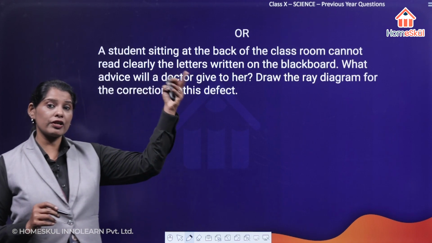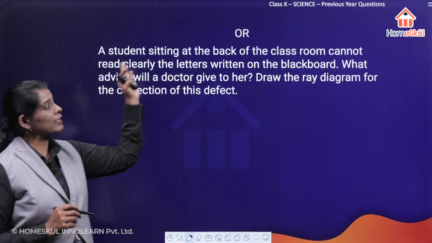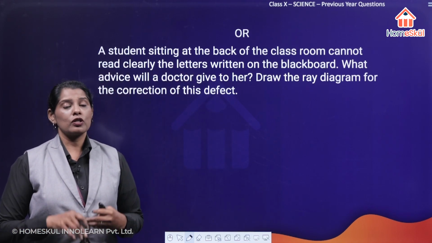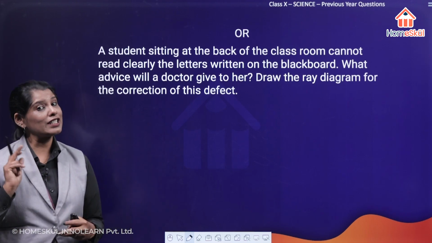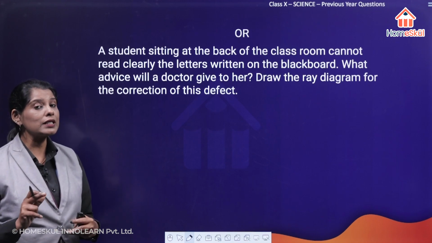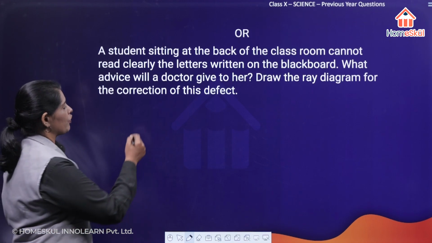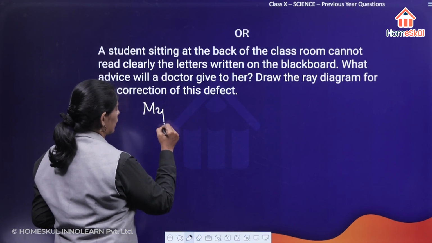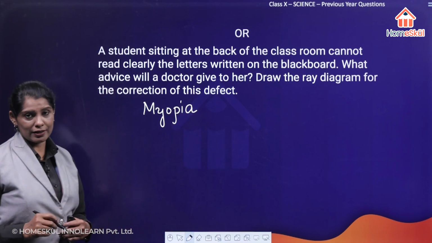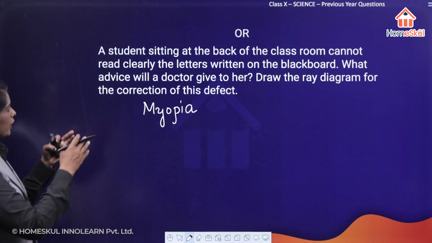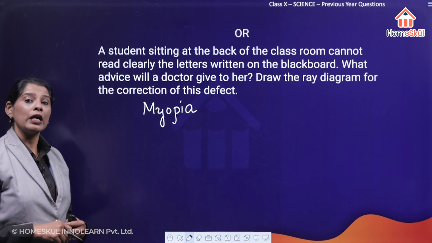That means the letters which are written on the blackboard, and she is sitting at the back of the classroom. So the person who is able to see the nearby objects but not able to see the faraway objects, that person is suffering from the defect which we call myopia, or we also call it short-sightedness or nearsightedness. Okay, so here the student is suffering from myopia.